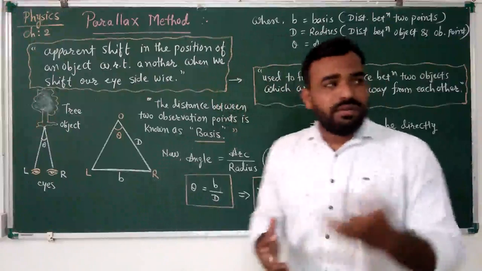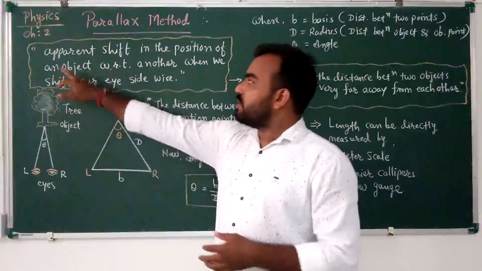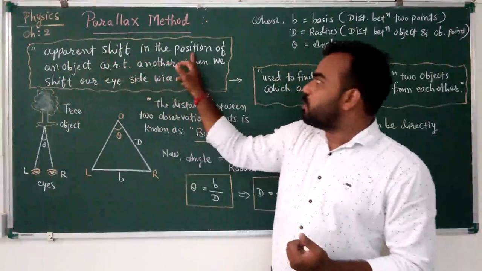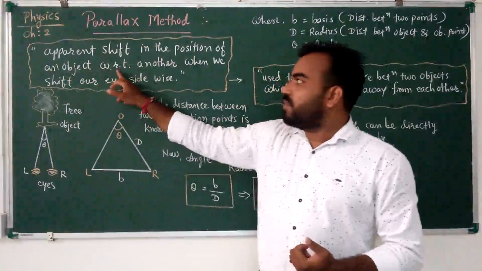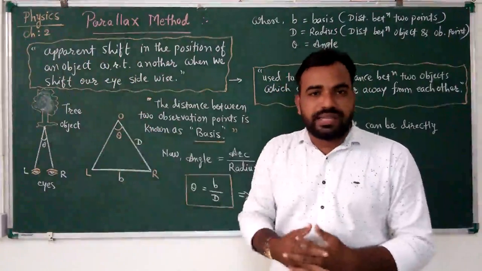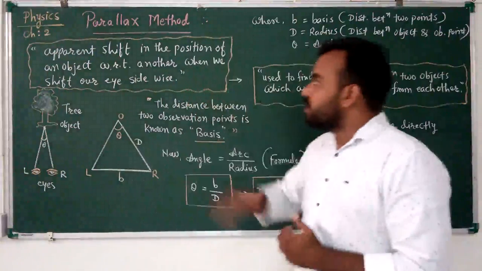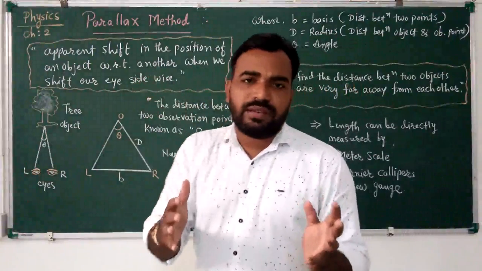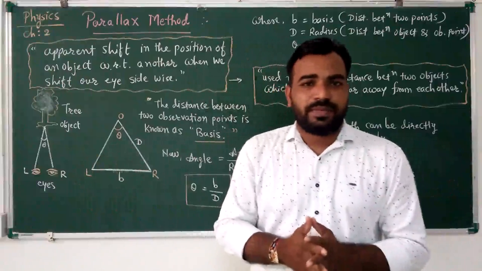So, dear students, parallax is nothing but apparent shift in the position of an object with reference to, WRT, means with reference to another, means we are observing any object with reference to another object.